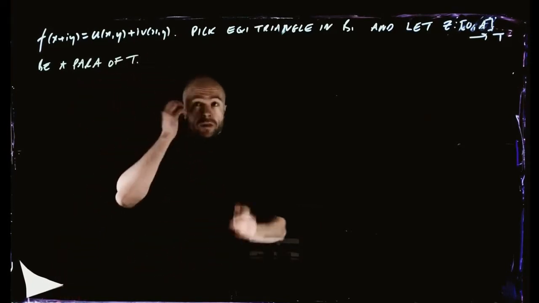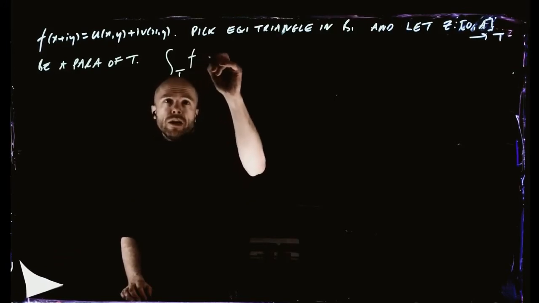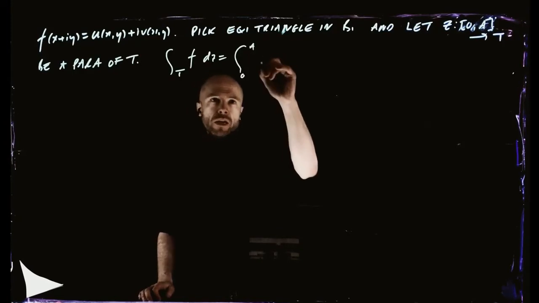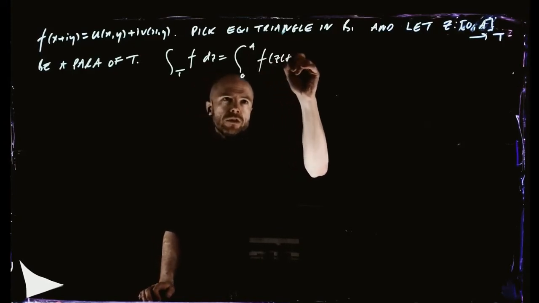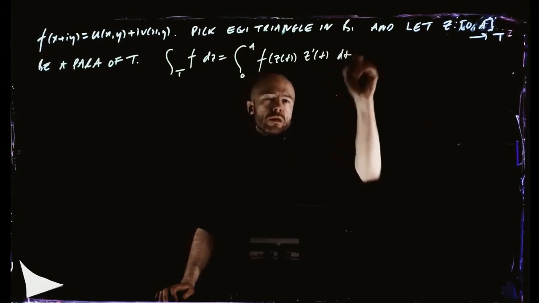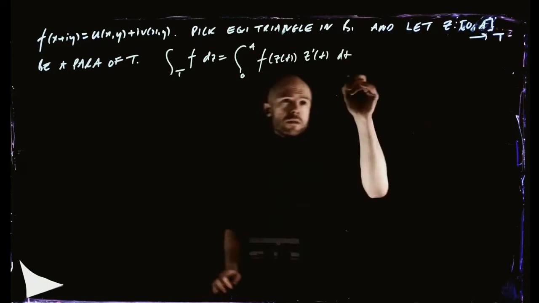Then, what do we do? Well, the integral around the triangle of f dz is the integral from 0 to a of f(z(t)) z'(t) dt, right? And what's this?